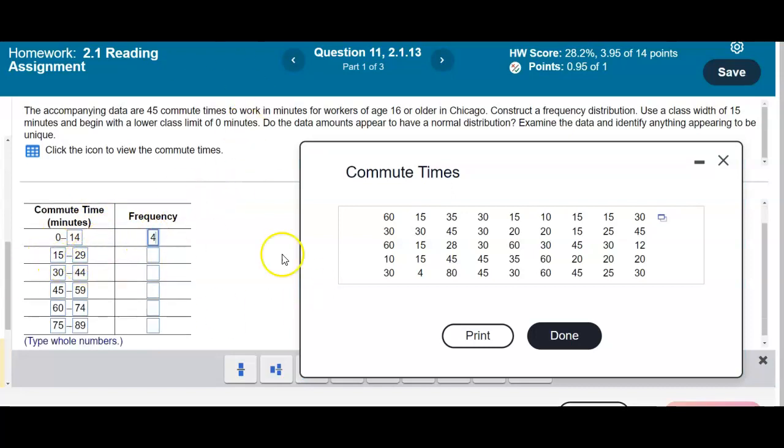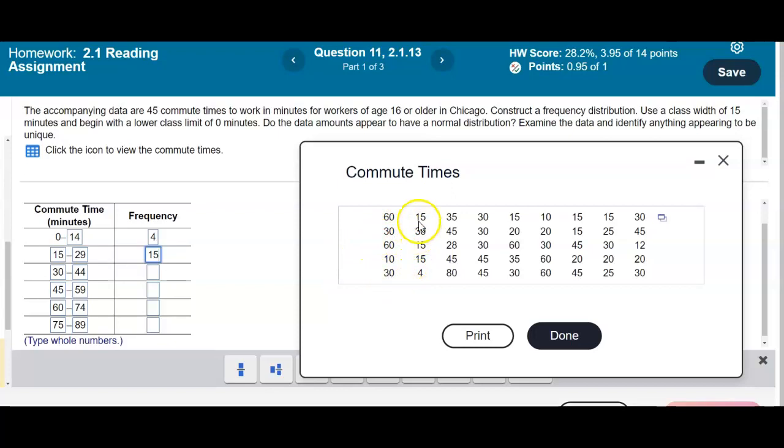Between 15 and 29, we have 1, 2, 3, 4, 5, 6, 7, 8, 9, 10, 11, 12, 13, 14, 15. So there's 15.